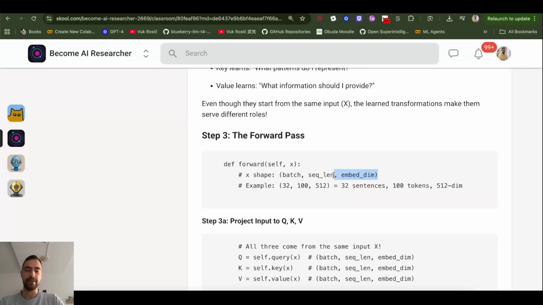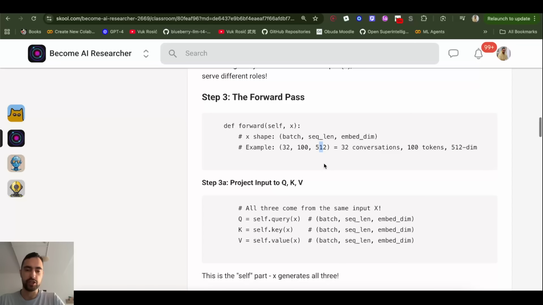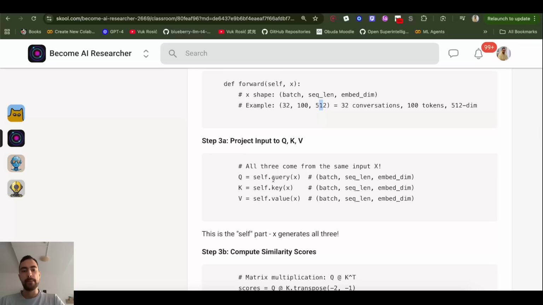So that's why we have vector, token, sequence length, and batch, which can be 32 conversations. Each conversation has 100 tokens and 512 dimensions, for example, for each token. So we pass X, this entire thing.